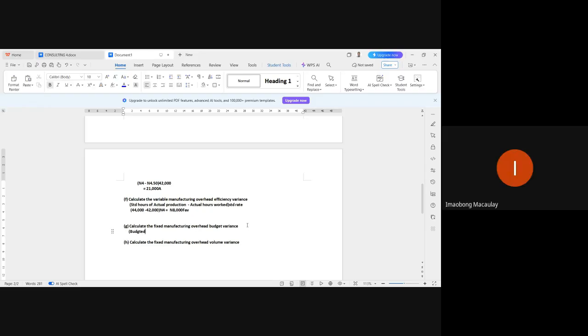Budgeted fixed overhead minus actual fixed overhead. It's just very direct here.